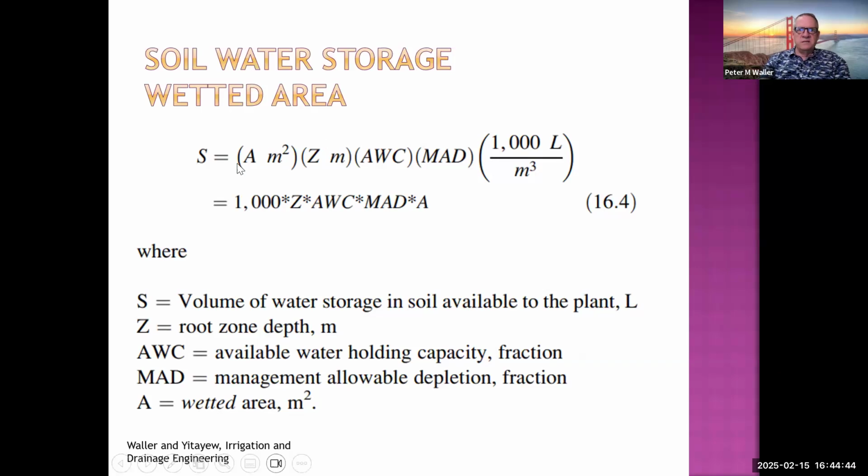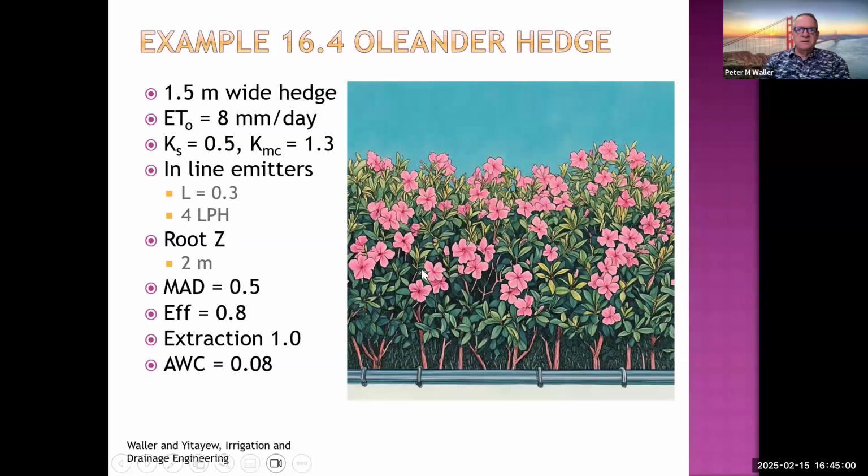So here's the equation. We just have area, so that's the area of one emitter, basically, for the storage, the wetted area of one emitter. And then other terms are the same. So here's our example. We have an oleander hedge, and we have a 1.5 meter hedge with 4 liters per hour emitters that are 0.3 meters apart.